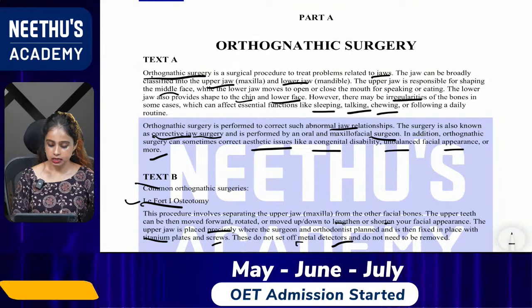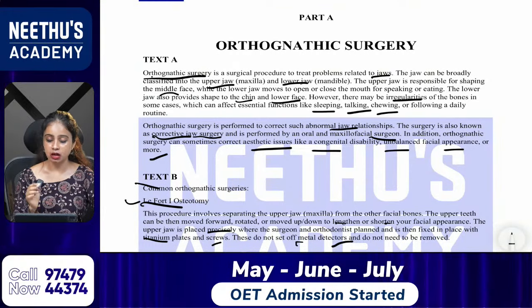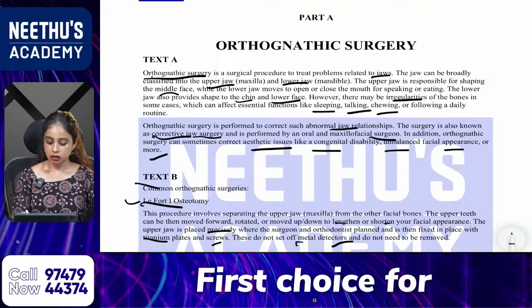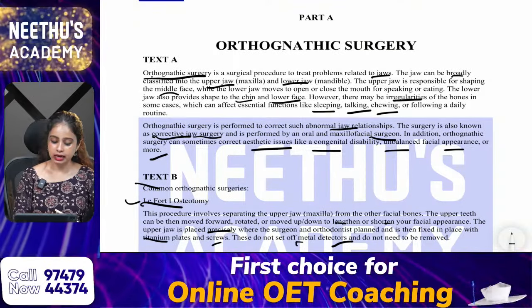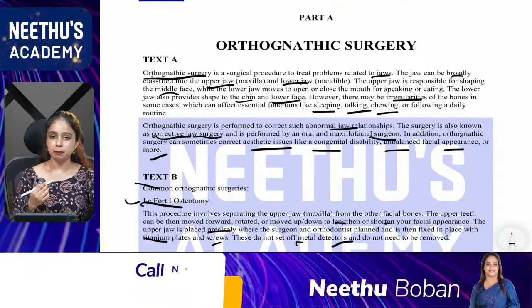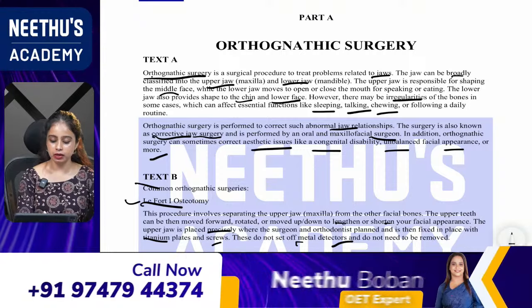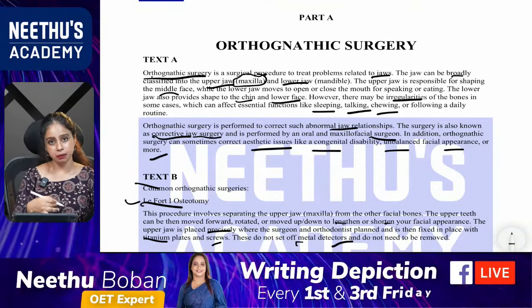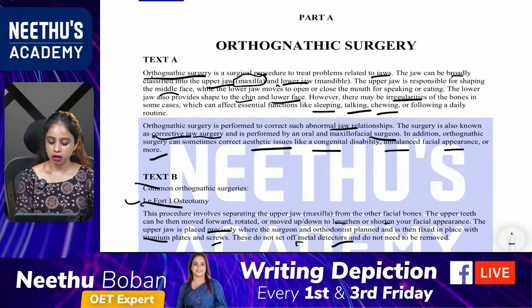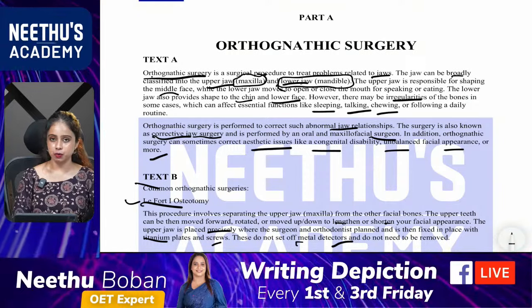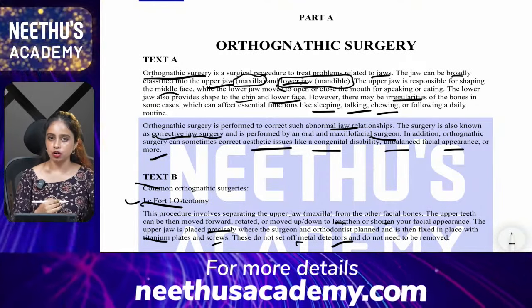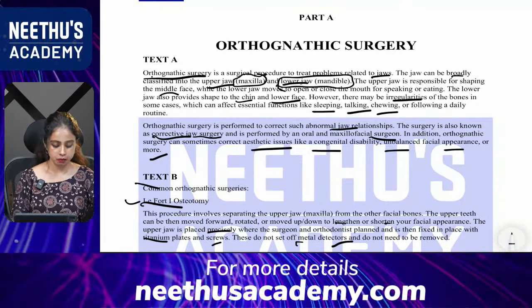Orthognathic surgery is a surgical procedure to treat problems related to jaws. The jaw can be broadly classified into the upper jaw, which can be called the maxilla. So what is submaxilla? It means the lower jaw or mandible, which can be called submaxilla.